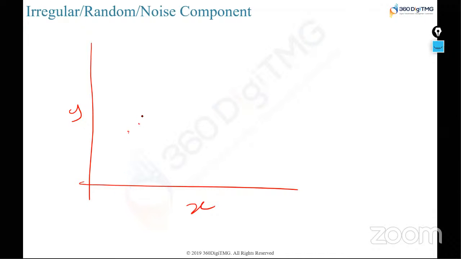So if I have data like this, then this is your X min and this is your X max. Is it clear? X min and X max.